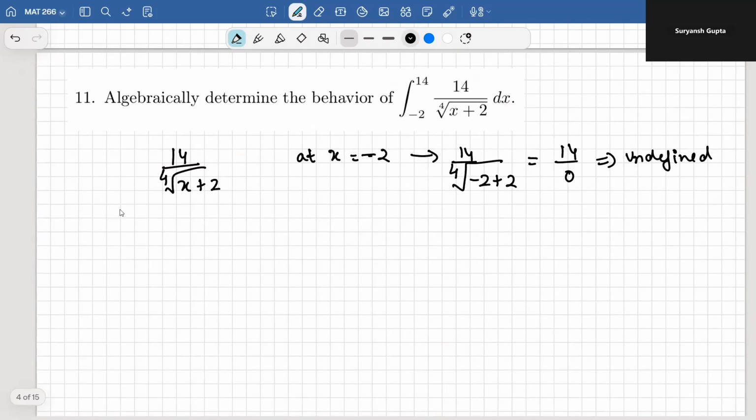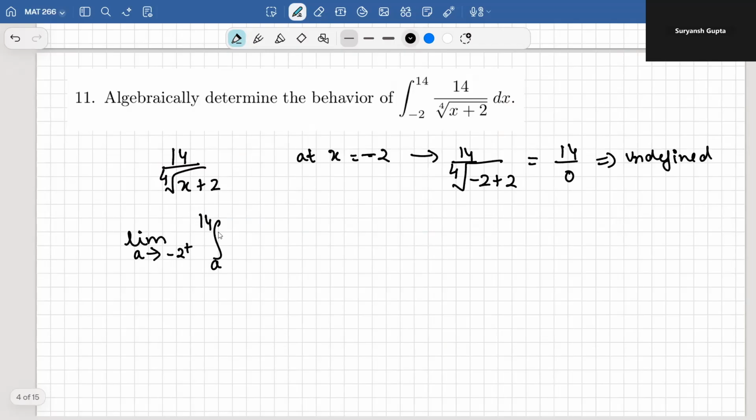So the way I would account for it is essentially a limit. And since it's my lower bound that makes it undefined, I would take the limit as a tends to negative 2 plus, and the bounds now become a and 14.